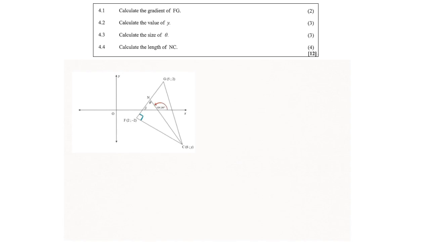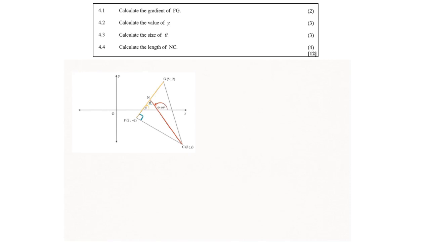So that means if we take tan of 104.04 degrees, that will give us the gradient of line segment NC. And then the angle of inclination of FG is beta, that's over there, and angle FNC is equal to theta.